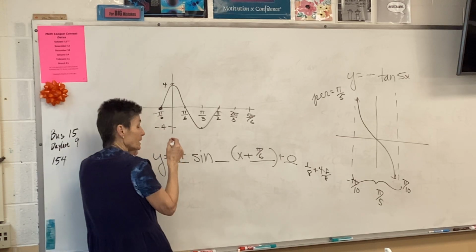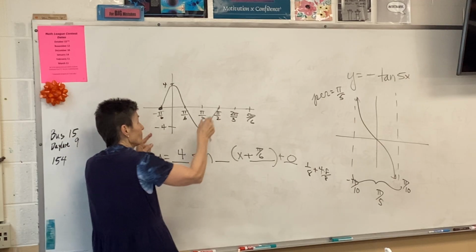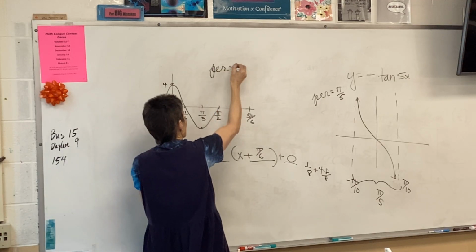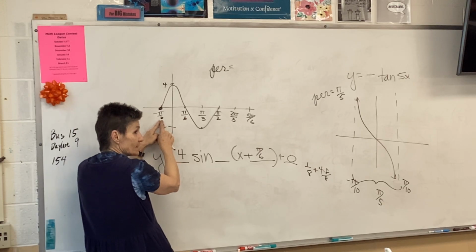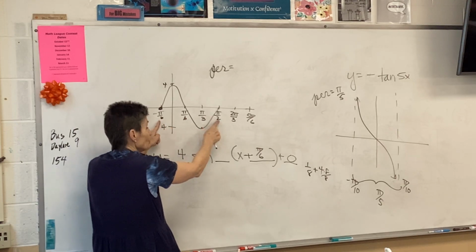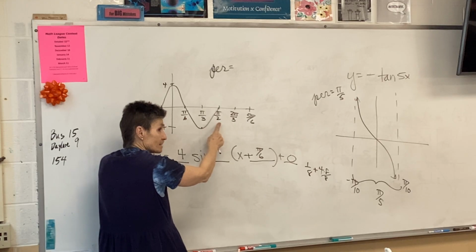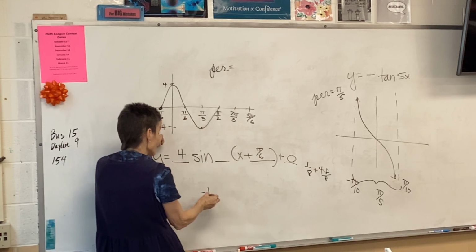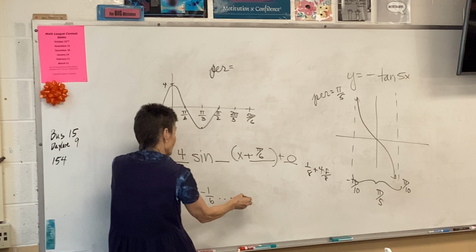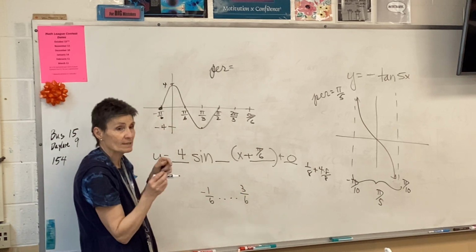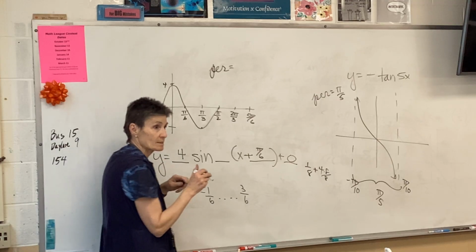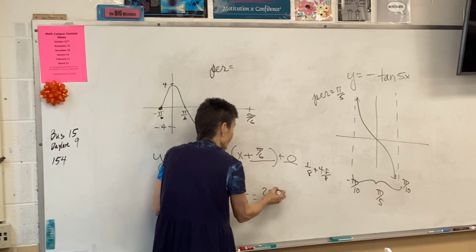Now, if I'm looking at this part of the picture, what's the period? The period is negative 1/6 to 3/6. How far is that? 4/6, or 2 pi over 3.